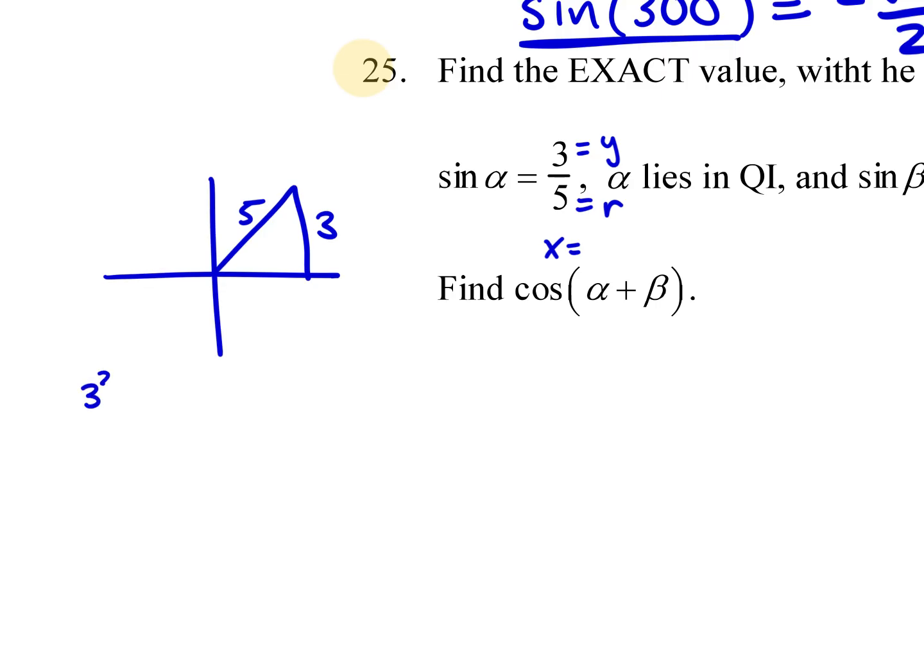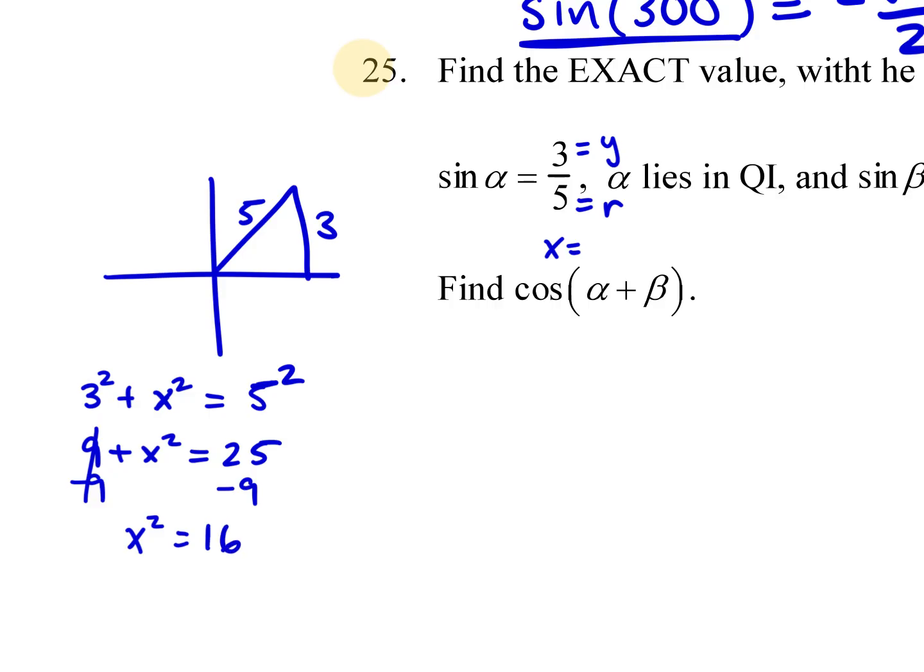Pythagorean theorem. So 3 squared plus X squared equals 5 squared. Now remember, it's always equal to the hypotenuse squared, or your R squared. So it doesn't matter which order X and Y are in, but it has to be equal to your R squared. So we have 9 plus X squared equals 25. Subtract 9. So X squared equals 16.